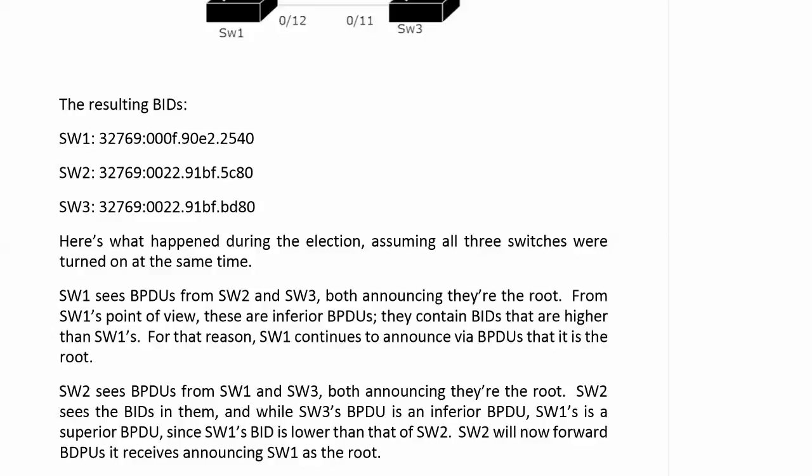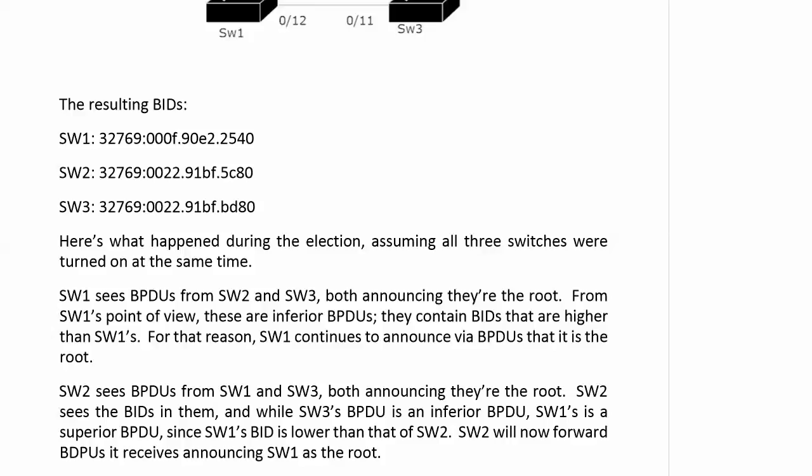Now switch 2 is going to get BPDUs from 1 and 3, and they're both saying they're the root. Switch 2 looks at the bids, and switch 3's BPDU would be inferior to switch 2's because they're tied for a long way, 002291BF, but then switch 2 has a 5 and switch 3 has a B, which is hex for 11.